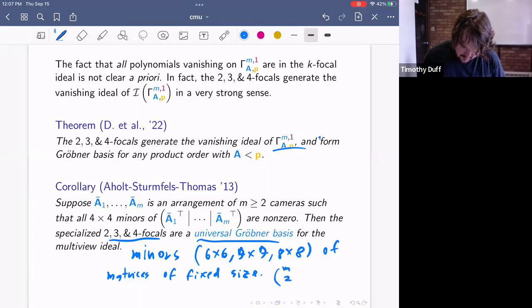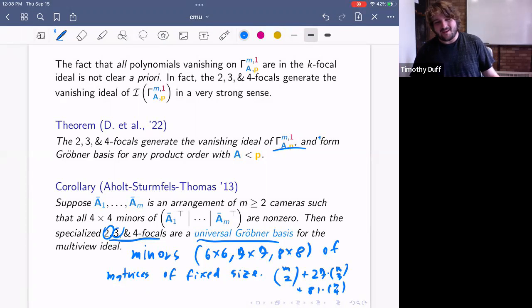So there are m choose 2 of these 2 focals, 27 times m choose 3 of the 3 focals, and 81 times m choose 4 of the 4 focals. So basically, if you are content with computing determinants at some fixed cost, then this tells you how many determinants you need to compute. And we know what the Groebner basis is due to this theorem, so there are no funny S-polynomials that you have to compute.